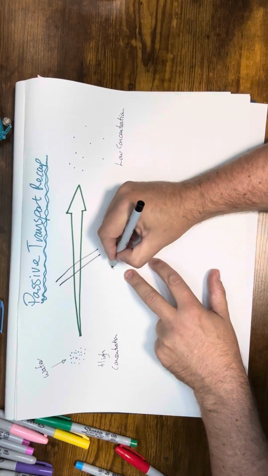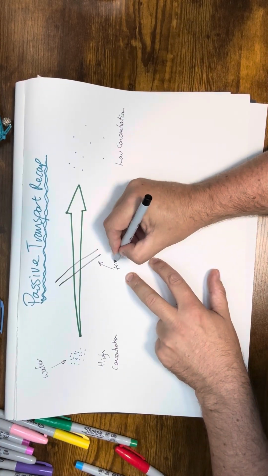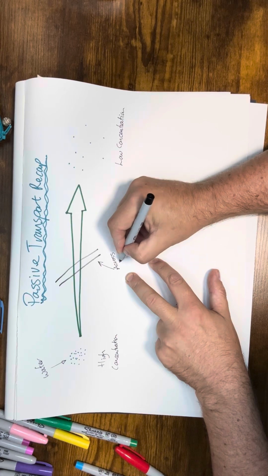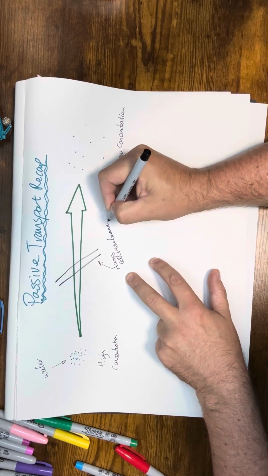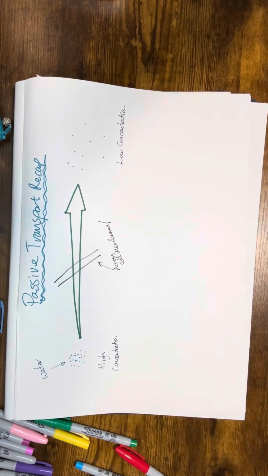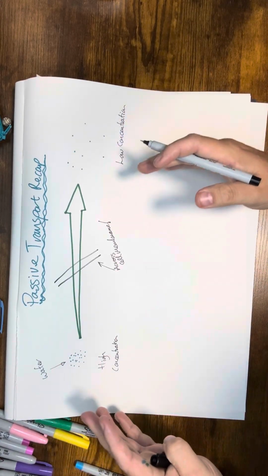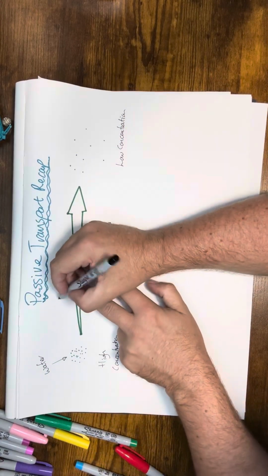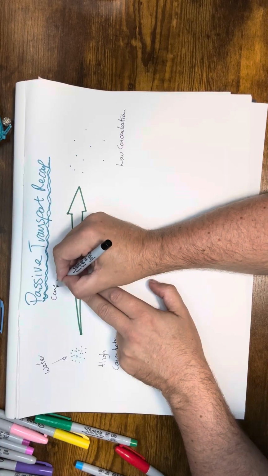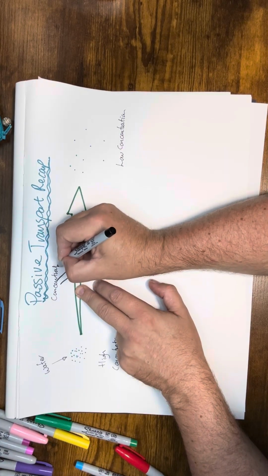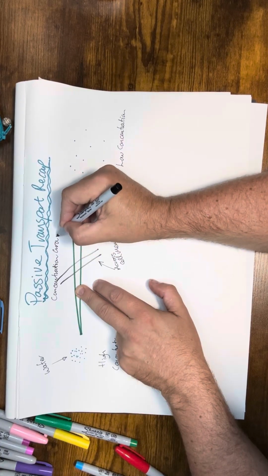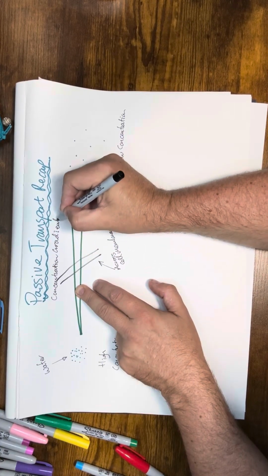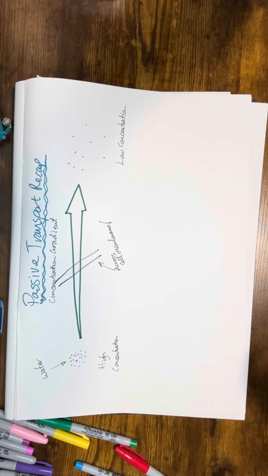And it's across the cell membrane. We call this a concentration gradient. And high to low is with the concentration gradient.